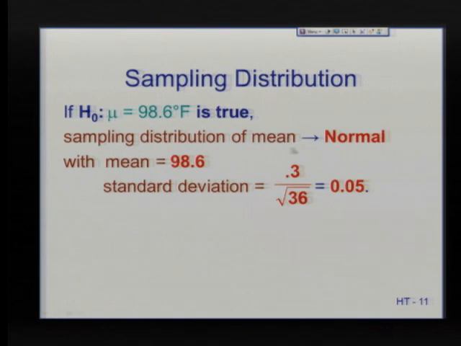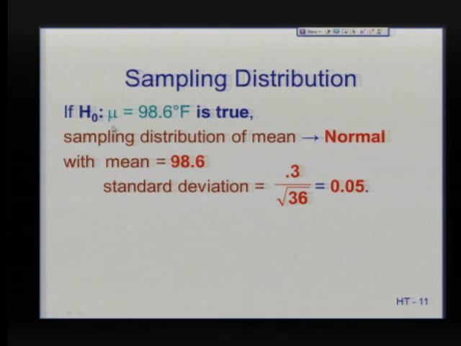What's the probability distribution of the sample mean? Well, first of all, we know it's normal if the body temperature data is normal, right? The population of those body temperature measures is normal. And you can check normality, right? And the data I have is 36, usually they say that's a large sample. Large enough, so I can say the sample mean is normal.